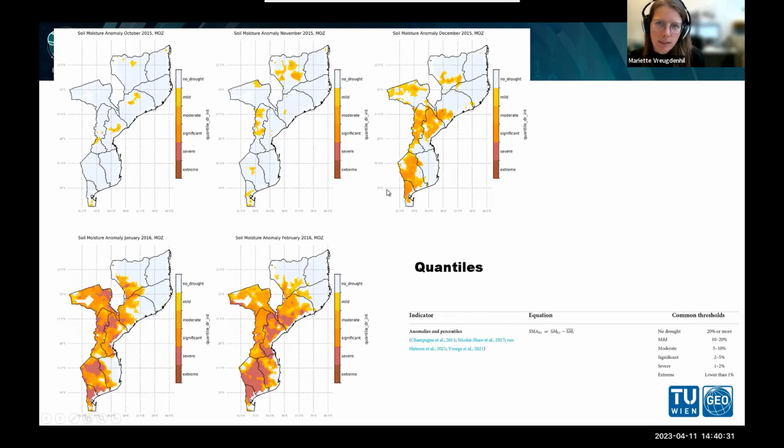So especially from December onwards, we can already see a moderate to significant drought developing, which basically then ends, in February, in severe drought in a lot of areas in Mozambique. But also note that it's similar spatial patterns, right? This was what we saw in the SPEI and the precipitation data. So very severe droughts in the center and in the south of Mozambique.